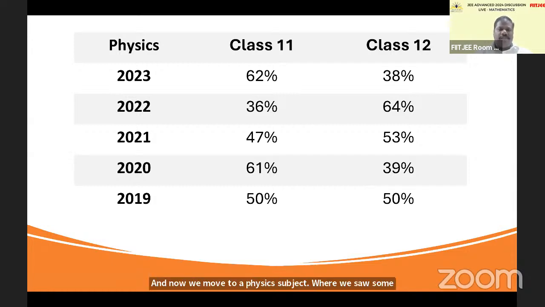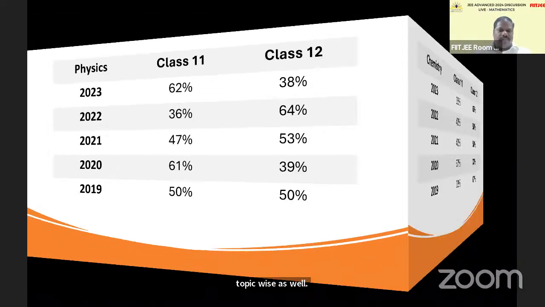Year-wise, the weightage keeps changing. One year it was higher on 11th and another year it was higher on 12th. So a student is advised to read these patterns, observe them, make a note of it, and use it when preparing. We will go further and see the topic-wise as well. So this is the combined class-wise.